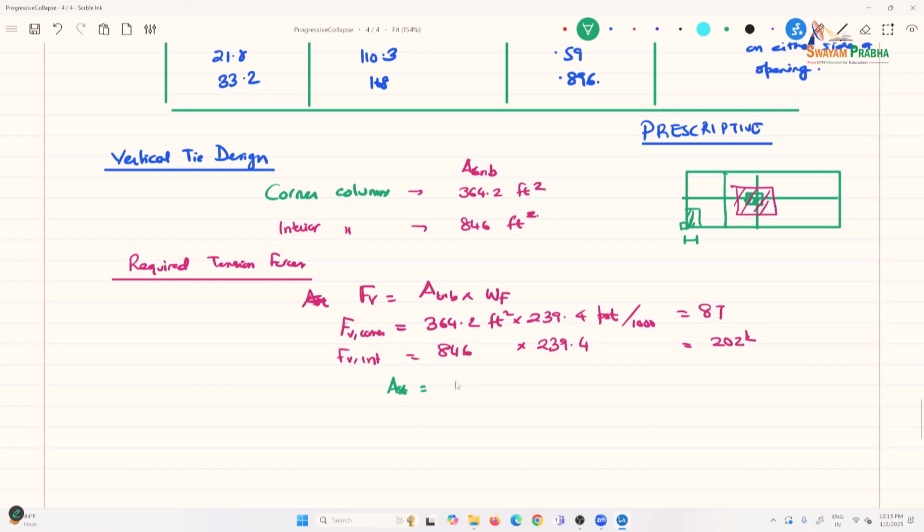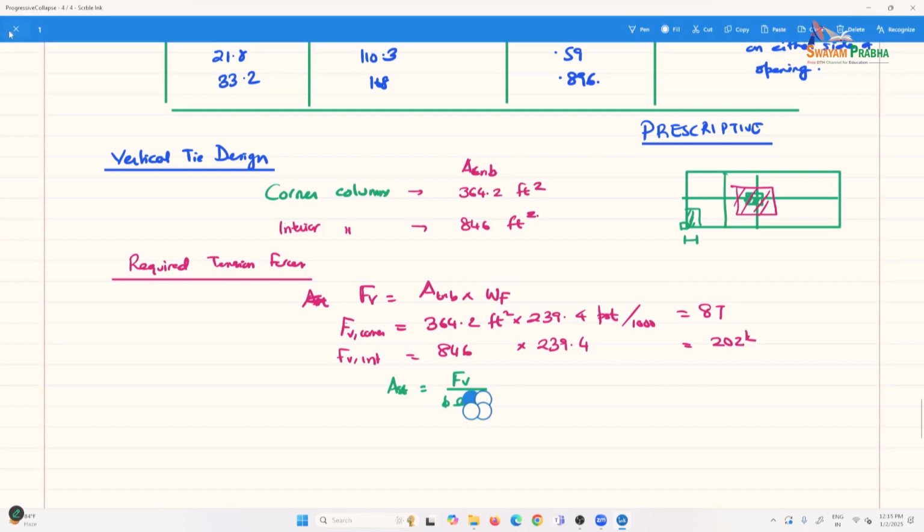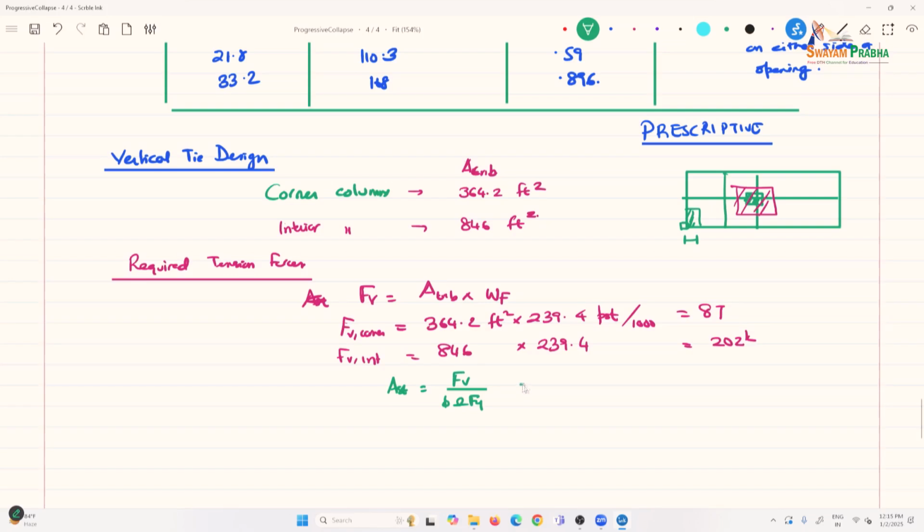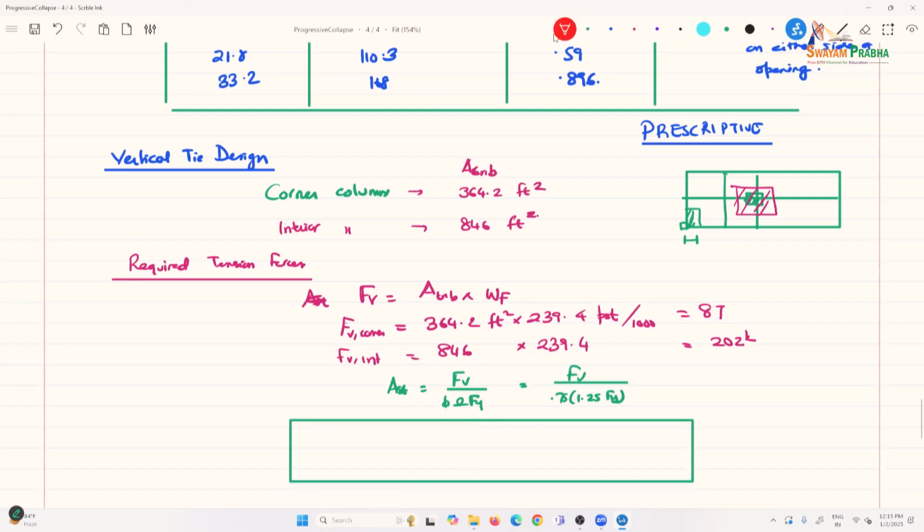And AST is Fv divided by phi omega Fy. Phi and omega still remain the same, so this is Fv divided by 0.75. What we get, for the corner, AST is equal to 1.54.